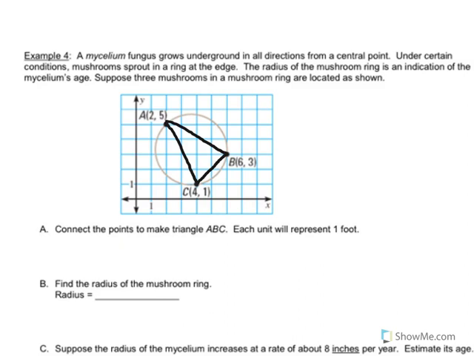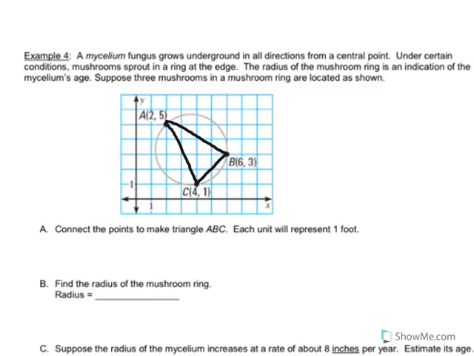Well, if we want to find the radius of the mushroom ring, all we need to do is find the circumcenter of the triangle, because if we find the circumcenter of the triangle, that will be the center of the circle that circumscribes the triangle. Now this would take a little bit of doing to do accurately.